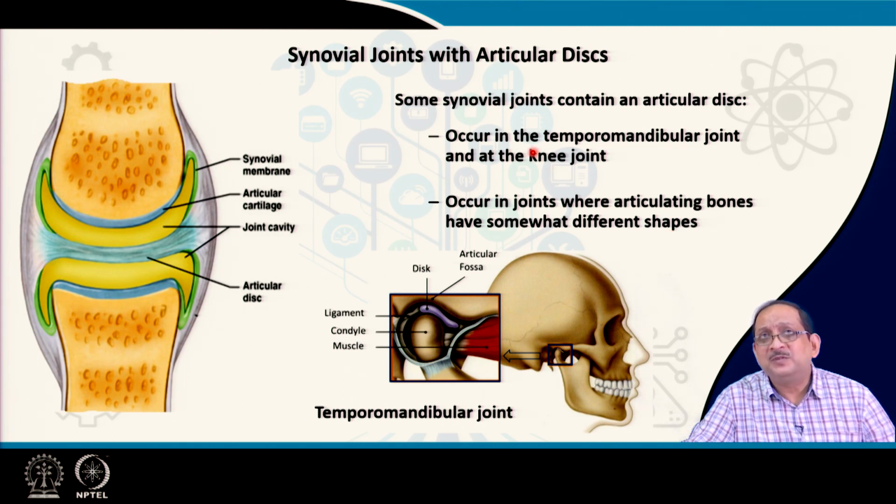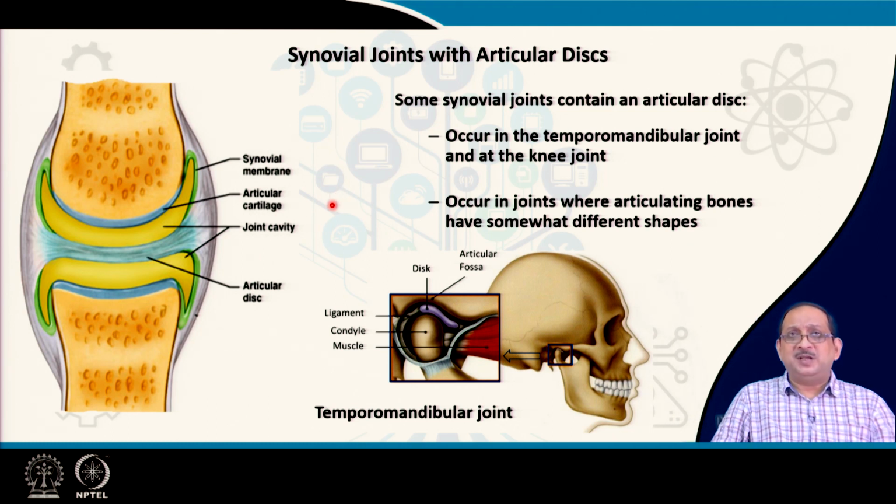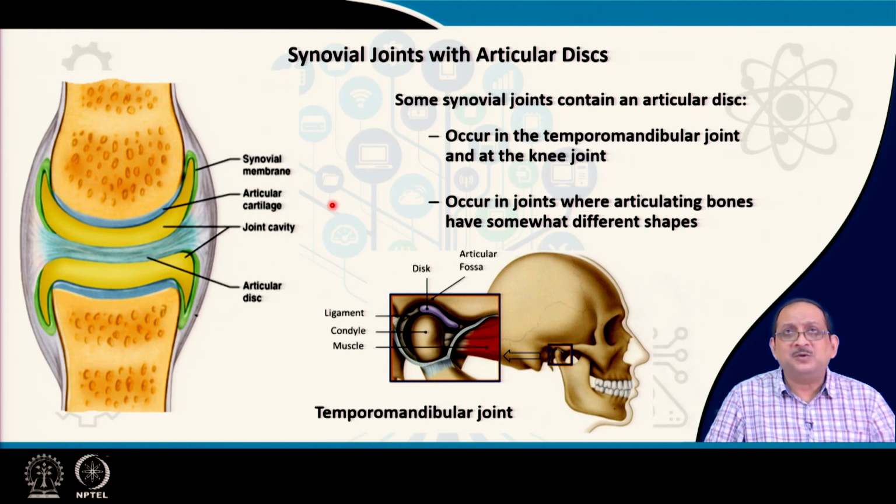Examples of synovial joints with articular discs are the temporomandibular joint and the knee joint. So, this is typically a temporomandibular joint, and this is the structure of a knee joint where there is an articular disc present in the synovial joint.